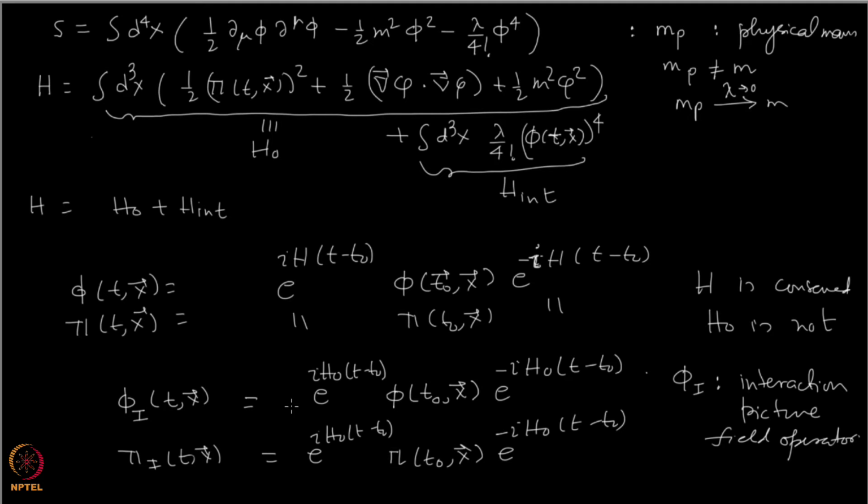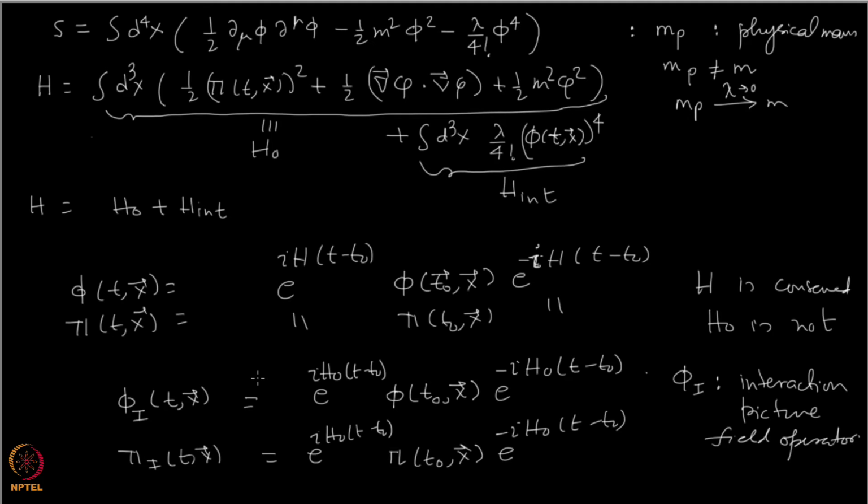So what I have done basically is started with an operator and evolved it with the free Hamiltonian, and the reason I am doing so is because I know how to deal with fields and momenta when they are evolving with the free Hamiltonian, because they are the ones described by free theory.